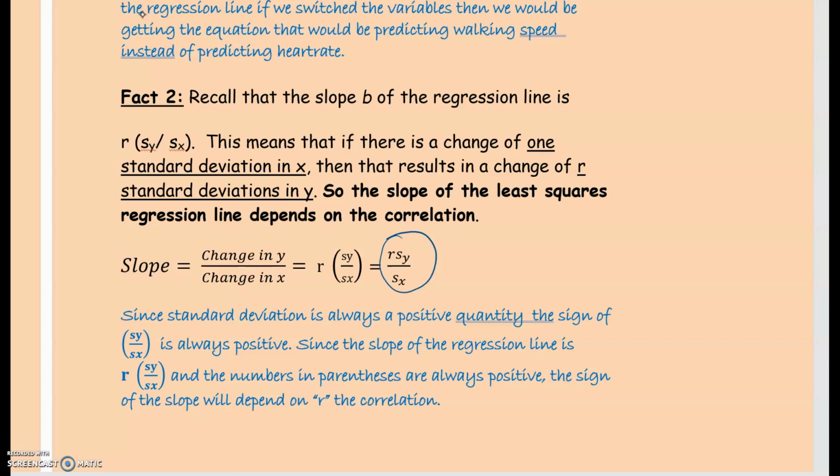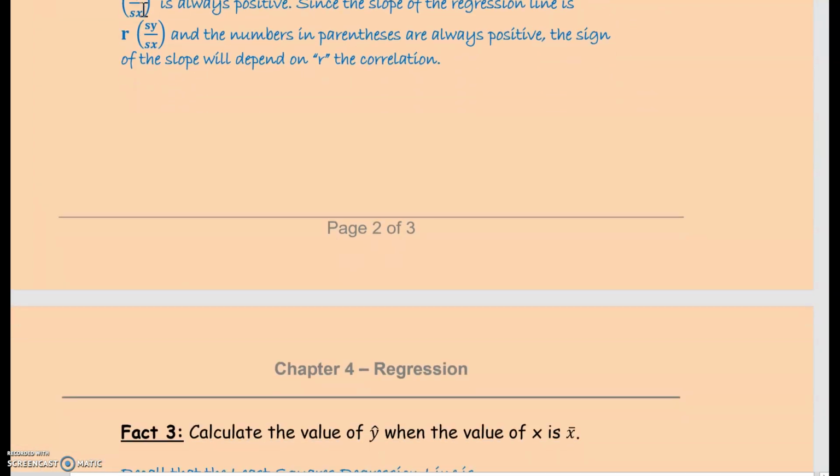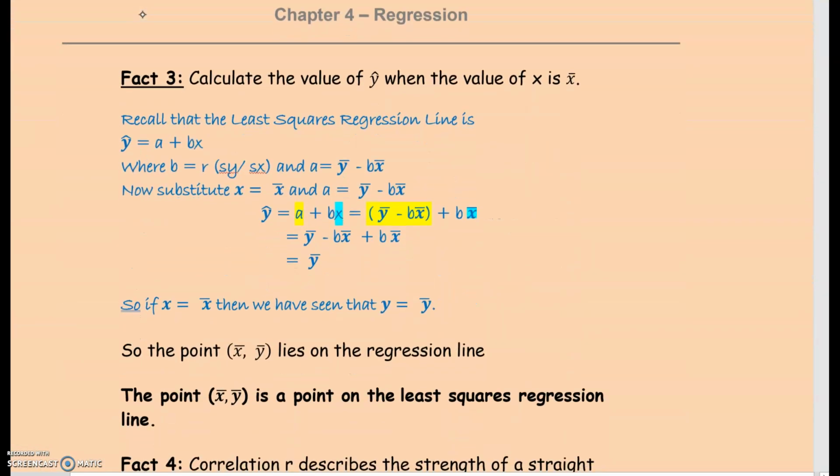Remember that standard deviation is always positive, so the slope of the line always depends on the correlation. So if the correlation is positive, then the slope is positive. If the correlation is negative, then the slope is negative. And clearly that should be quite obvious from our previous discussions.